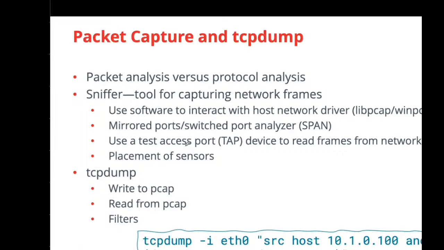One tool is named tcpdump, a command line packet capture utility for Linux. The basic syntax, as you can see on the screen, is tcpdump -i eth0. tcpdump is the command name, -i is the interface, and the name of the interface is eth0.